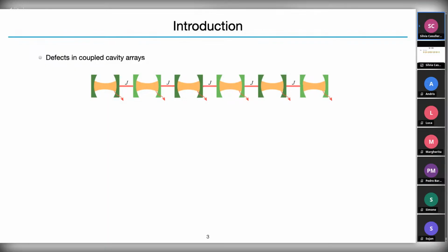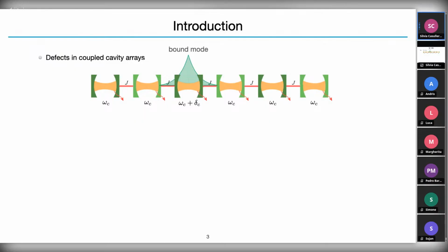One is what we call defects physics, which is what happens when we have one of these arrays of cavities, and one of the cavities is a bit different from the other. For instance, the frequency of that cavity is slightly different from the rest. In this case, we know that there is a bound mode appearing, so a localized mode of the electromagnetic field in the cavities that is localized around the defect cavity.